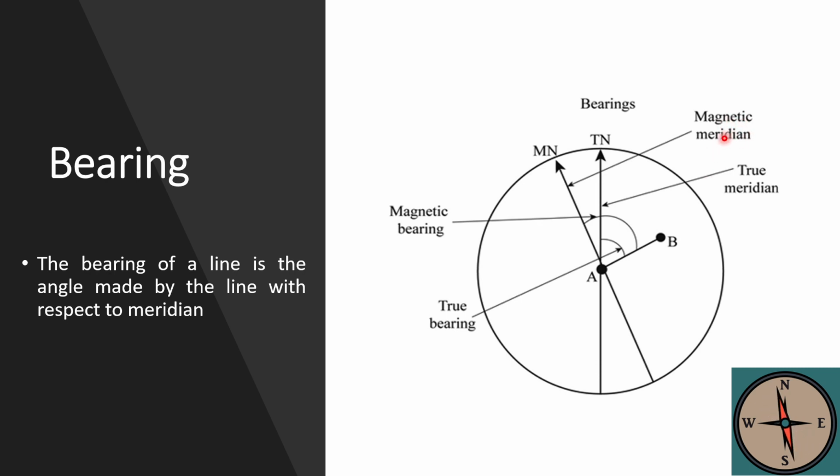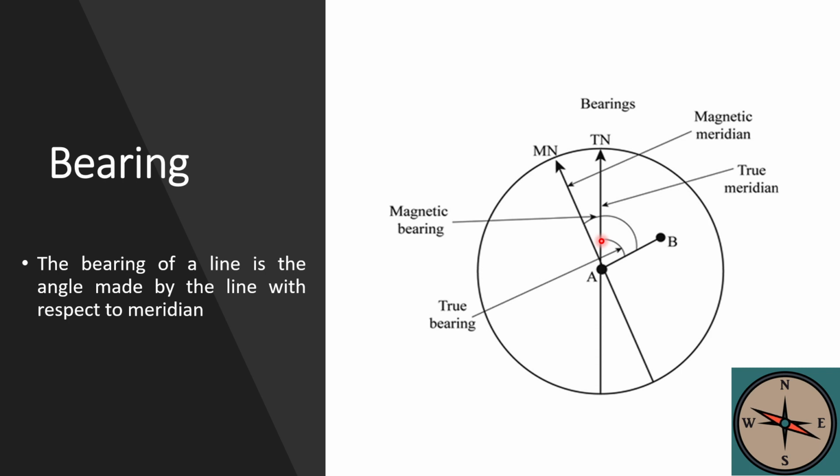So what is a meridian? The geometric north or true north means the north pole and south pole. When we connect one with the other by a line, we call it a meridian. So the true meridian is the line connecting geometric north and south, and the magnetic meridian is the magnetic line running between magnetic north and south.